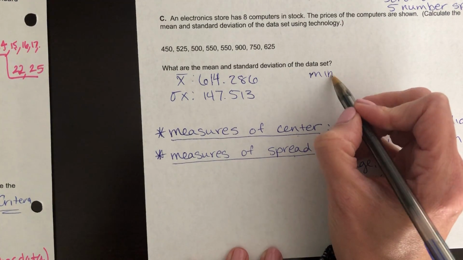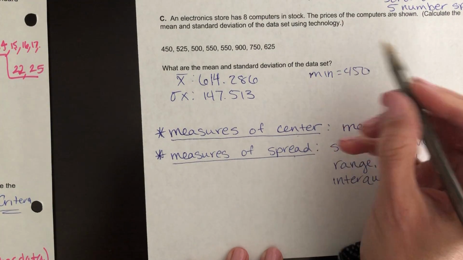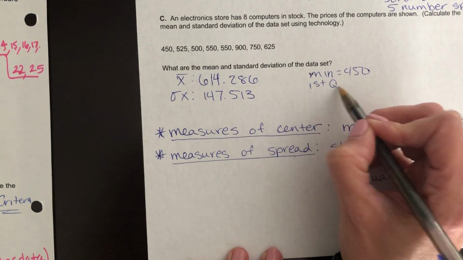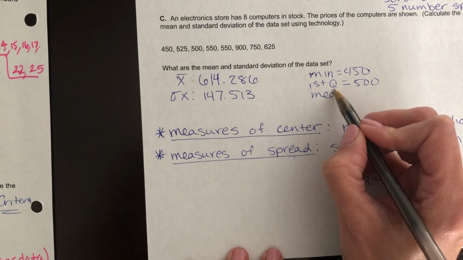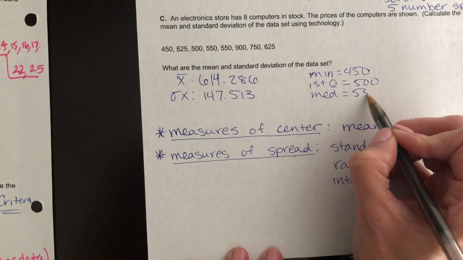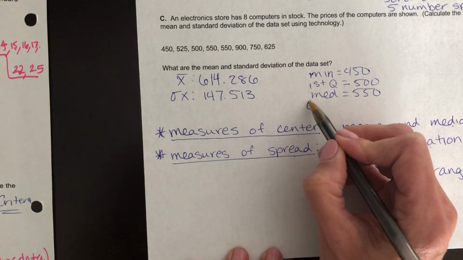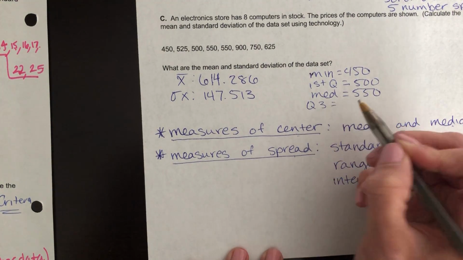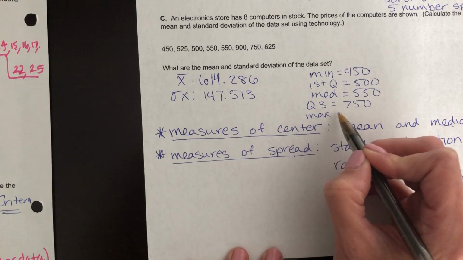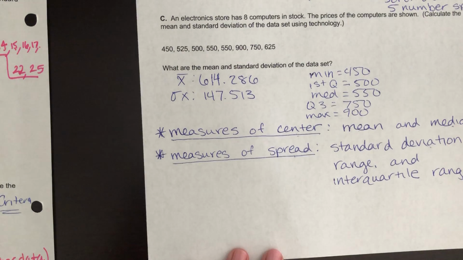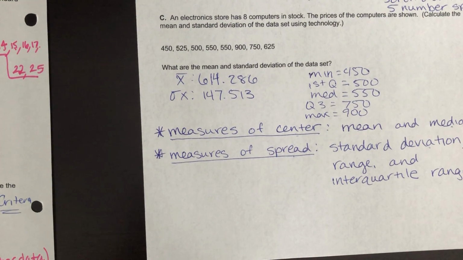So that'd be your min, first quartile, median, third quartile, and then the max, that highest number is 900. All right, there are your answers there, and that would be it.